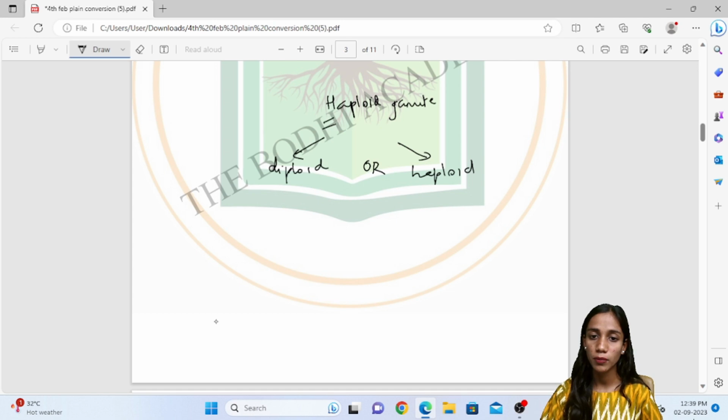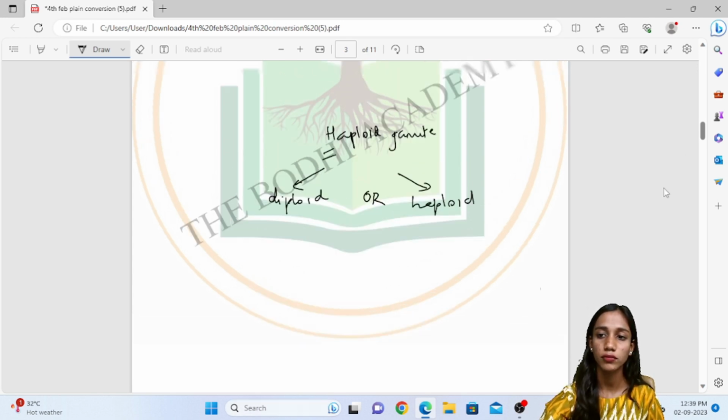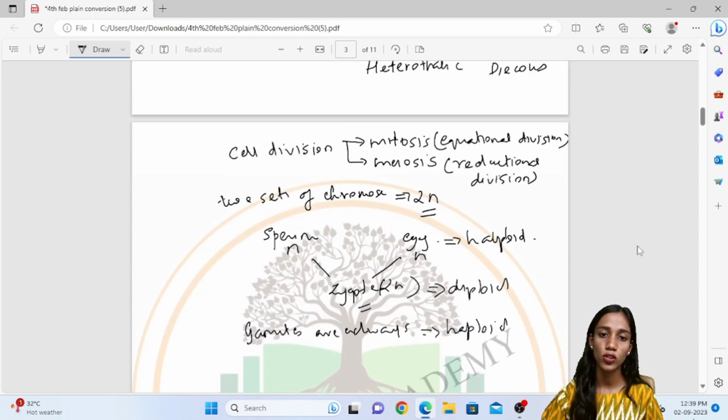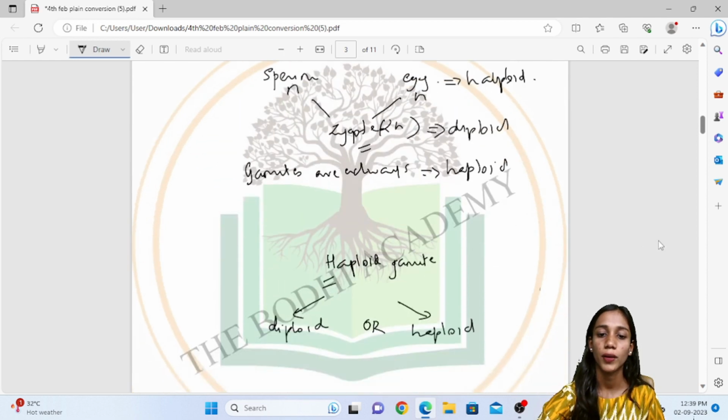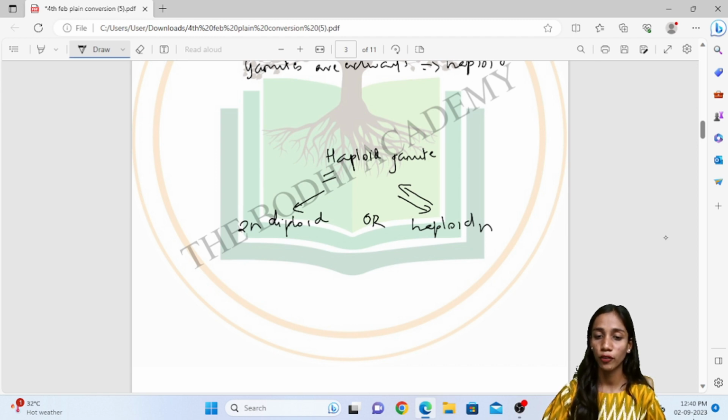Now, how is this possible? We have to go back to the definition of mitosis and meiosis. We have said that mitosis is equational division, meiosis is reductional division. Haploid is n and diploid is 2n. Now the haploid organism, if it has to produce a haploid gamete, which division will it have to go through?